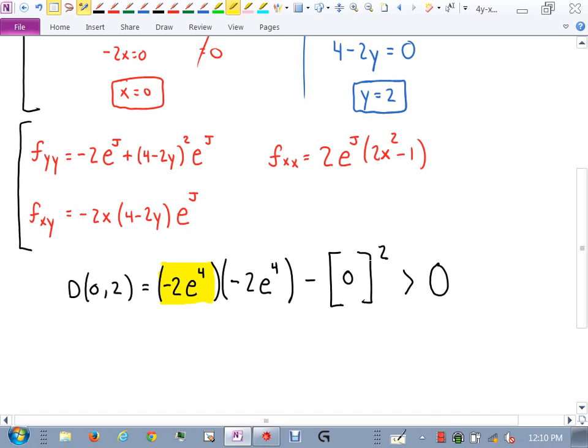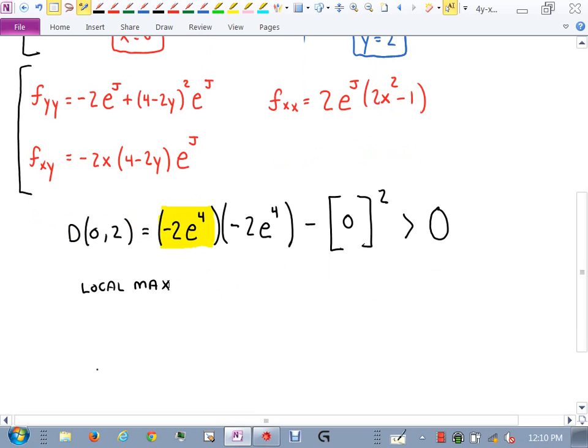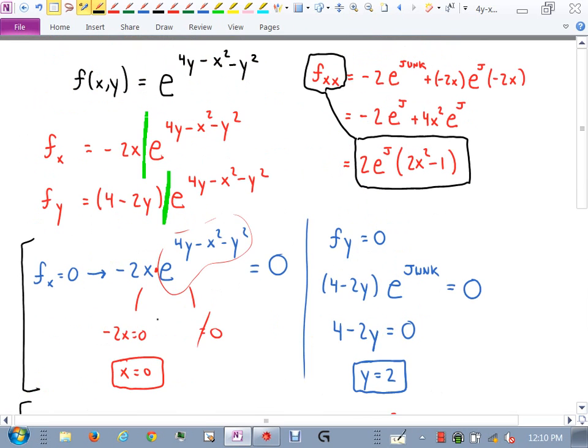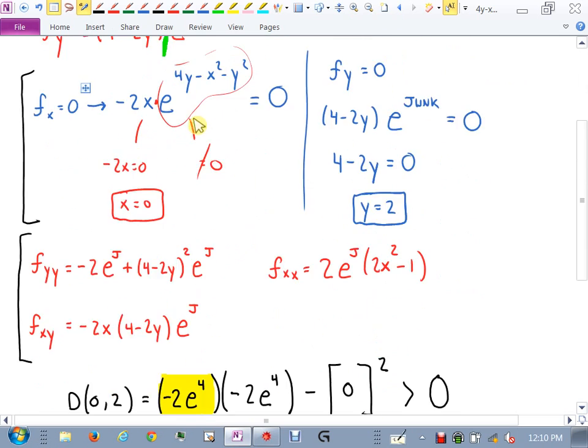So I am looking at a local max at the point 0, 2, and then come up here and plug in 0, 2 into this. We did that already, right? E to the 4th.